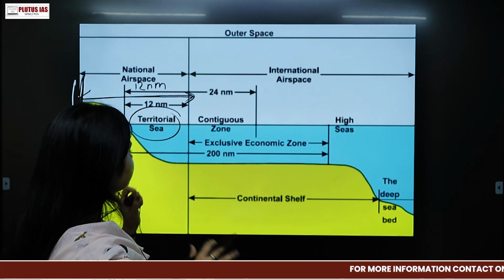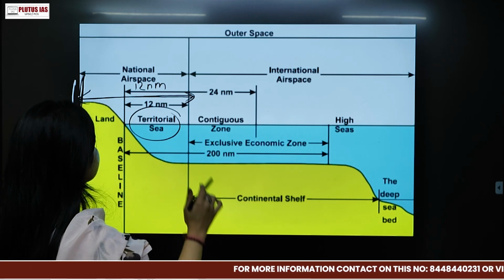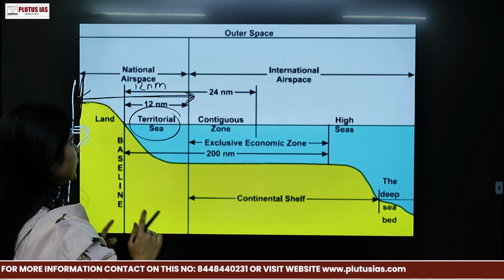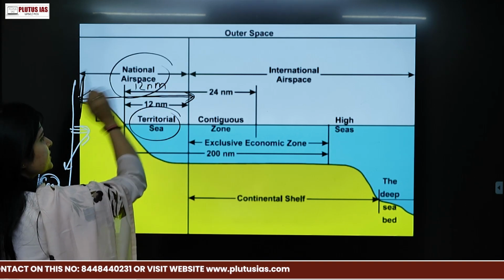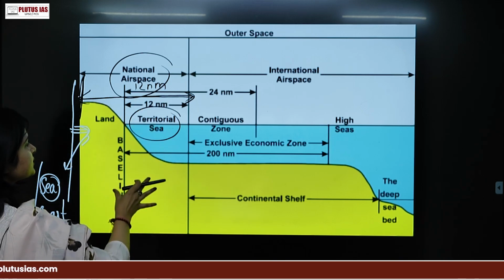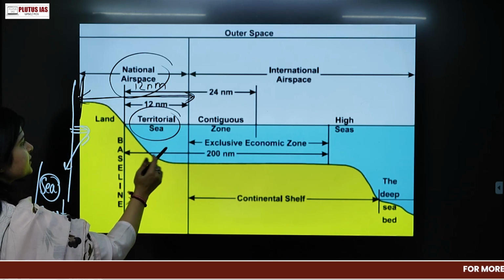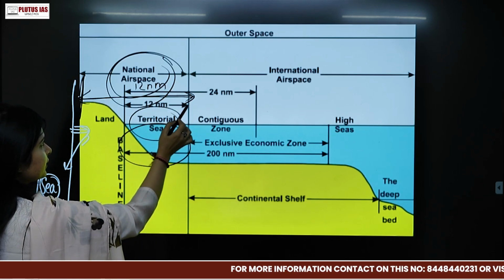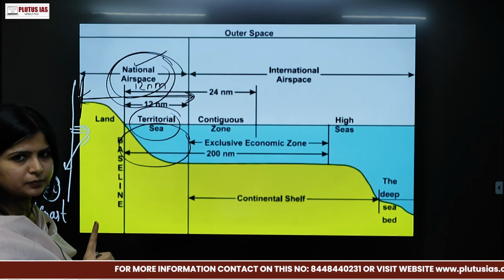Now what is the function of the territorial sea? Everything is allowed in the territorial sea, and national airspace is also allowed. The sovereignty is on the land as well as the airspace, right? Here you have written national airspace.